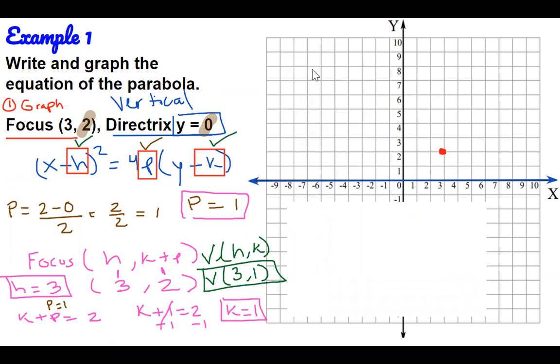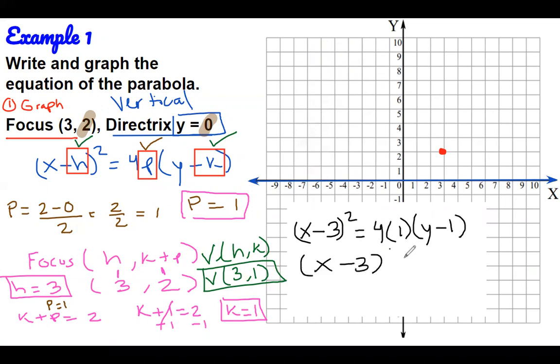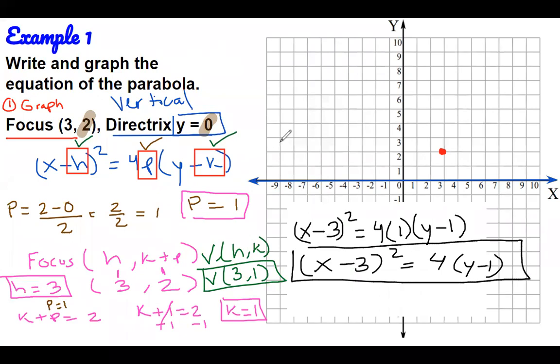What's k? 1. Now, we don't need to isolate y. All I have to do, guys, is simplify this part, 4 and p. So we have (x minus 3) squared equals 4(y minus 1). And we're going to leave it as is. Okay. All right. Now, let's go ahead and graph it.